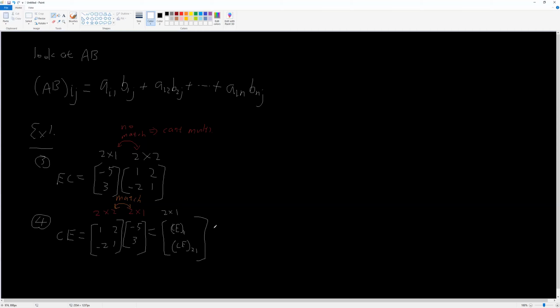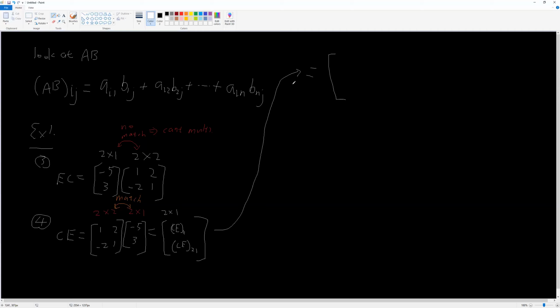Let me show you how. Let's go up here. First, we want to look at first row, first column. That means i and j in this formula will both be 1.